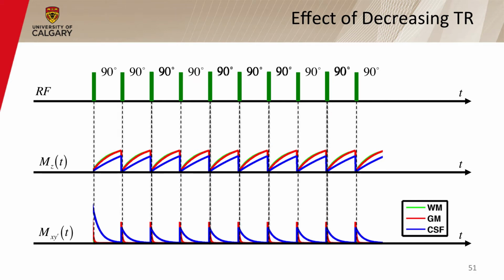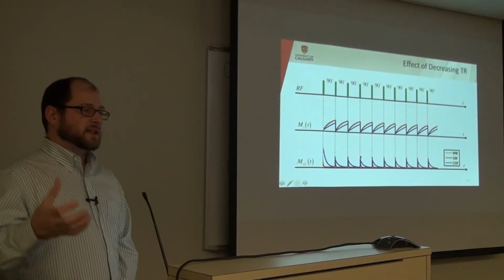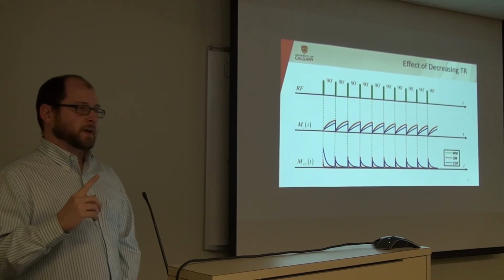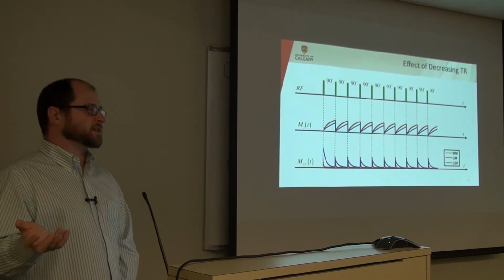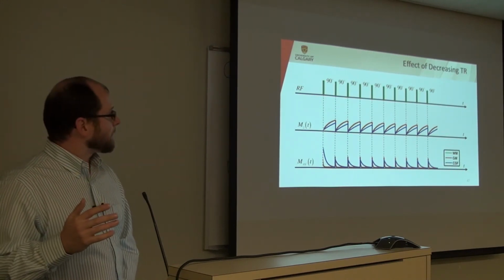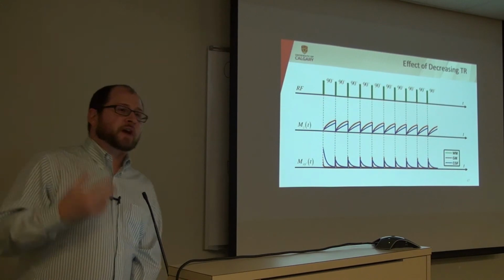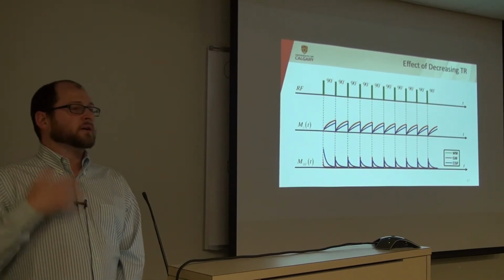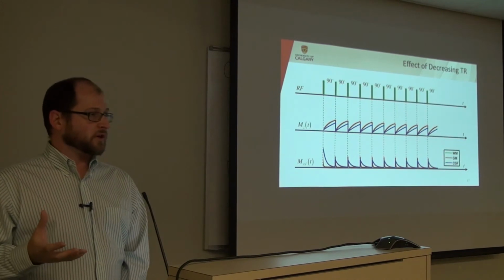And so now what you can see down here in the transverse plane is that we're getting less and less CSF contrast when we click our camera, because there's less magnetization being tipped with each of these 90-degree pulses. So the effect of decreasing TR gives you more T1 contrast ratio weighting.